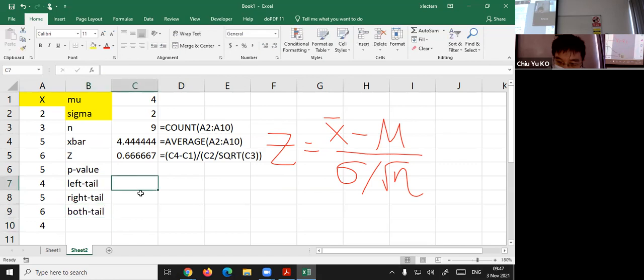First, remember what this is here. We have 0.667. The left tail is the area on the left, the right tail is the area on the right, and for both tails, we look at the smaller side and multiply by 2.